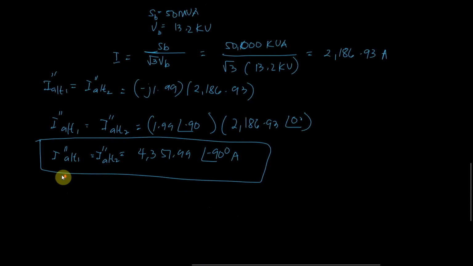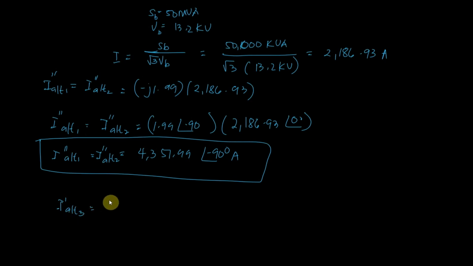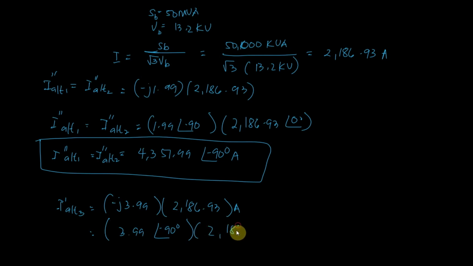And then, para naman sa ating alternator 3, sub-transient current sa ating alternator 3 is equal to, ang ating per unit sa alternator 3 is negative j 3.99 times yung ating base, which is 2186.93 amperes, is equal to 3.99 cis of negative 90 degrees times 2186.93 cis of 0 degrees.